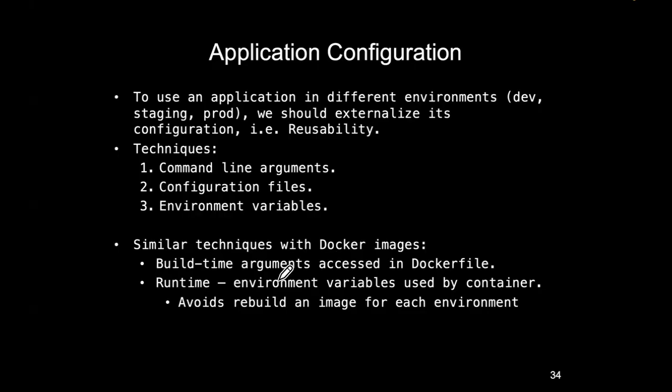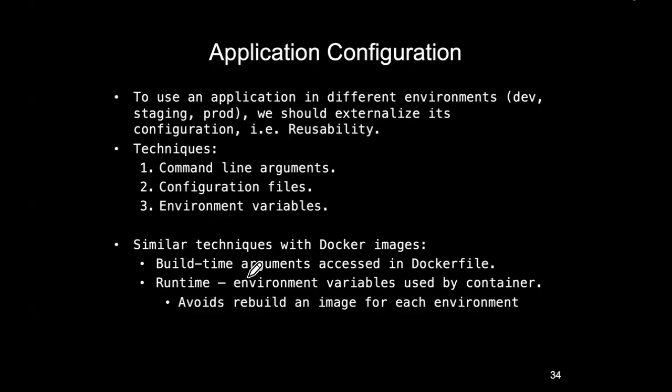The one that we are familiar with is those at runtime. Sorry, these build time command line arguments obviously relate to the build stage of an image, as the name suggests. When you're running an image, in other words, when you're running a container, then you can pass environment variables. That's the way we know about how to configure a containerized application at runtime.